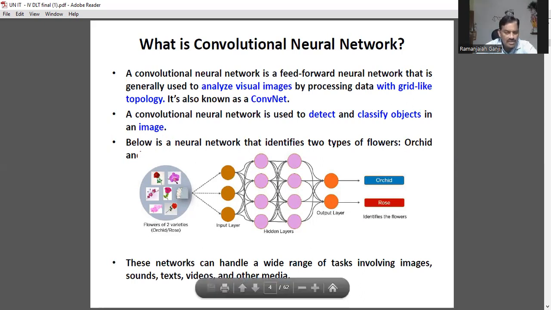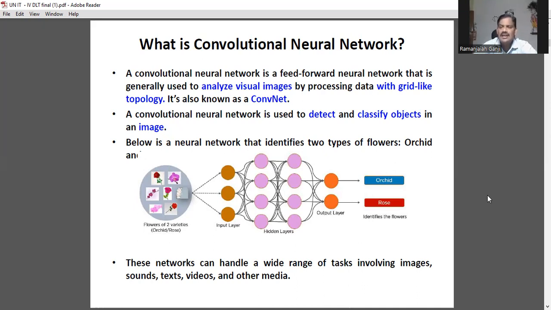See, flowers of two varieties, orchid and rose. We have an input layer, a set of hidden layers, and an output layer, which identifies the flowers into two categories. These networks can handle a wide range of tasks involving images, sounds, text, video, graphics, animations, and other media.